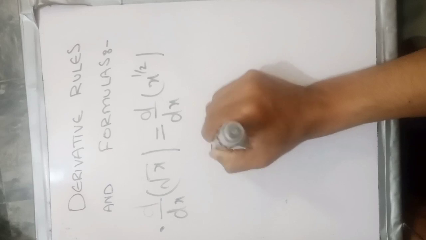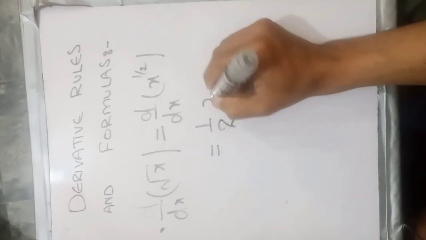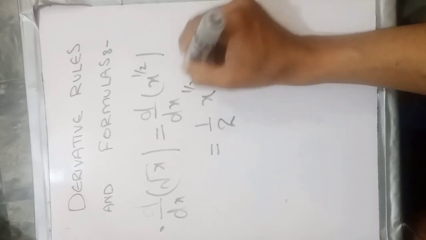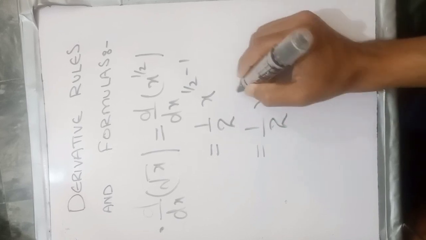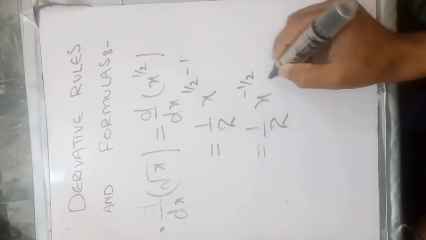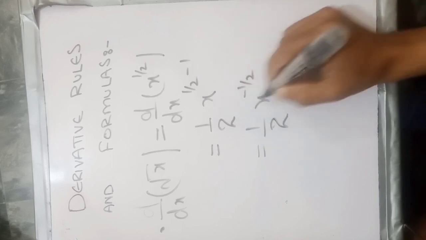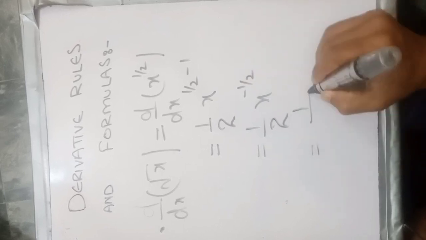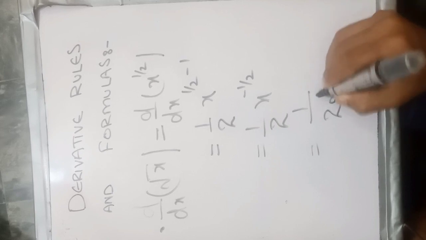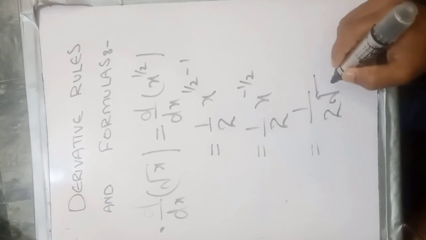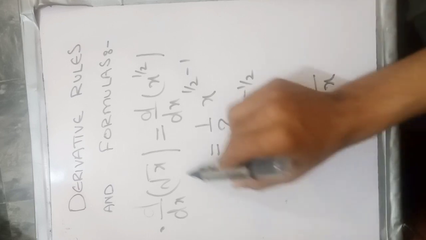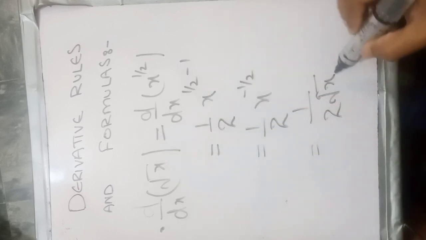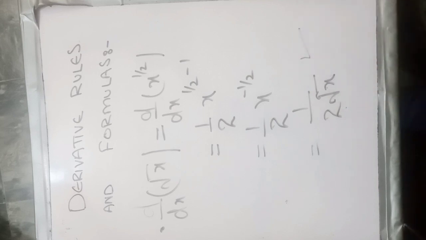What we do, 1 over 2 is at the start position in x power 1 over 2 minus 1, so we get 1 over 2 x power minus 1 by 2. Here x power minus 1 by 2 becomes positive when it is in a fraction, so that is the derivative of the square root of x: 1 over 2 square root of x.